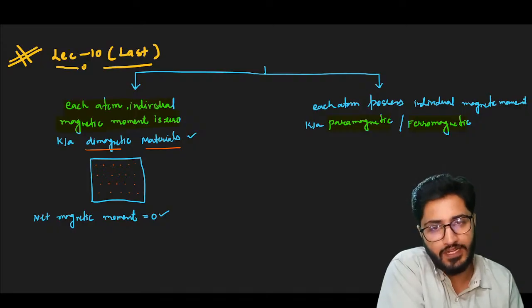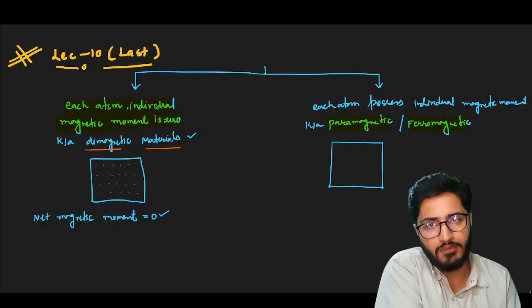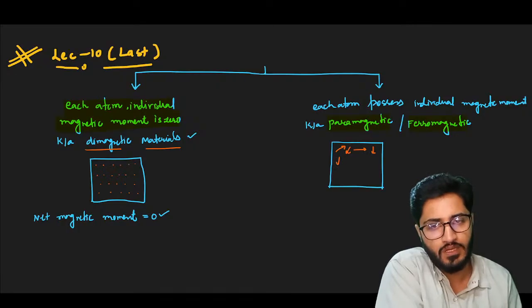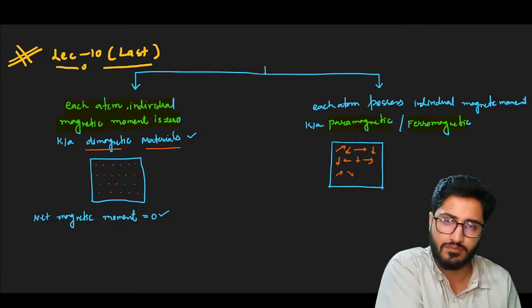Look now. They have a magnetic moment, but in random motion. It is random; it does not have any fixed direction.